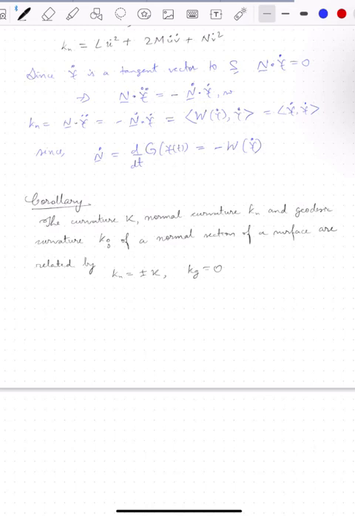Now, what is a normal section? So that's the first thing that comes to mind. What is a normal section?